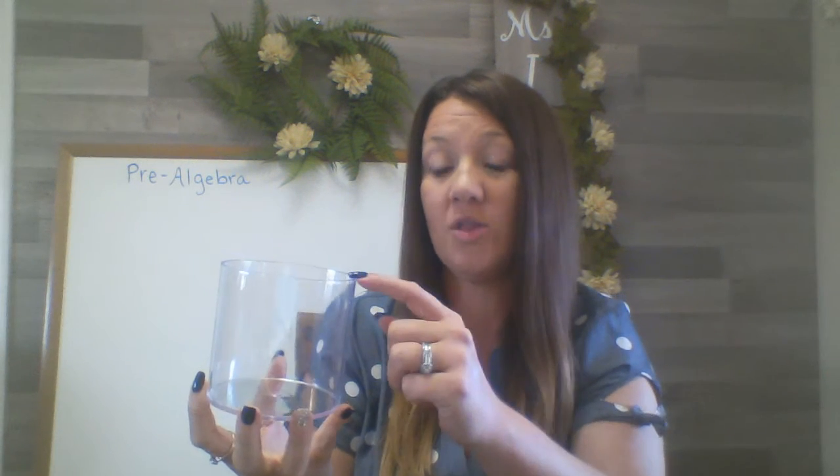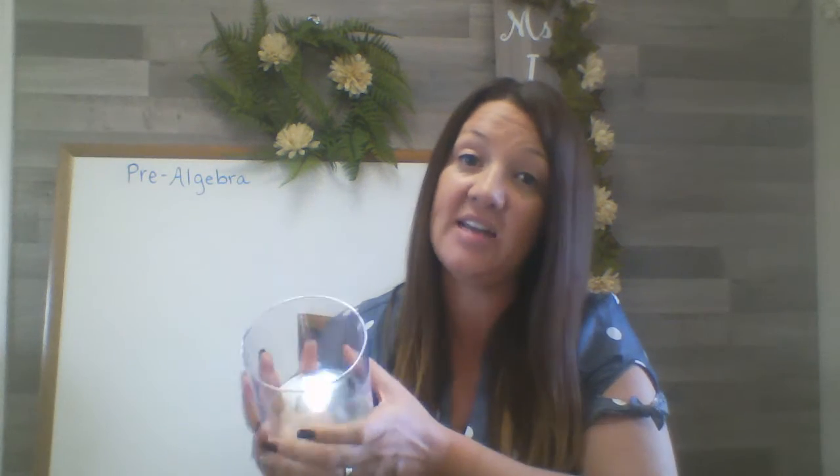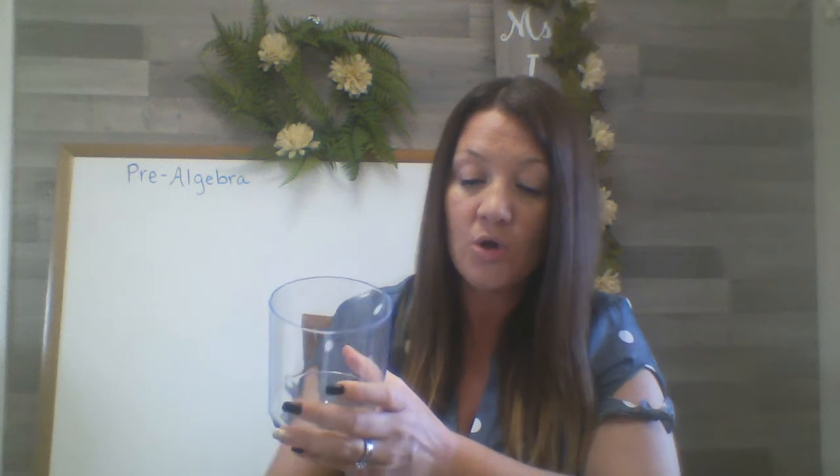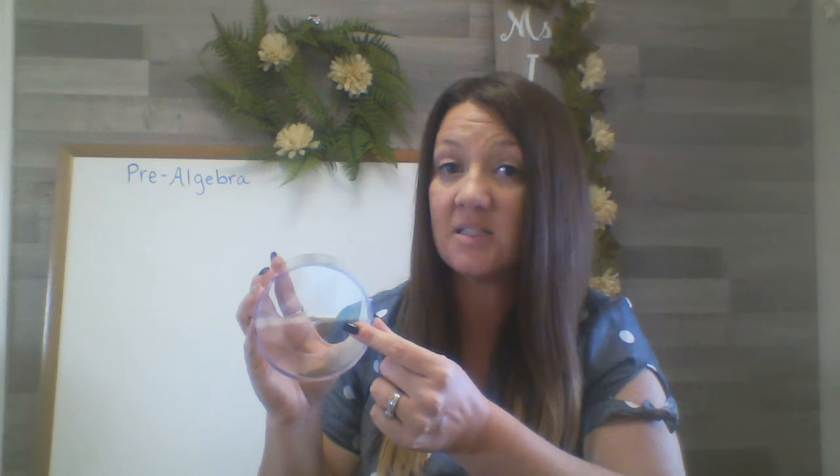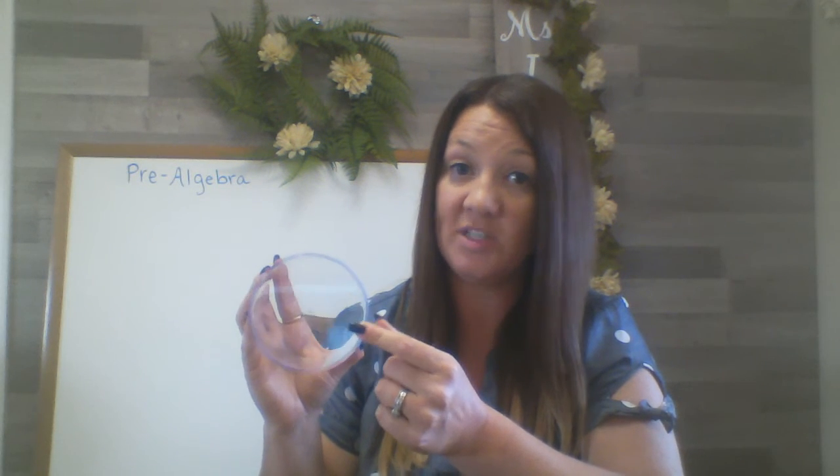So now that takes us to volume. If you look at something like this cylinder here, if we were to fill this cylinder with water all the way up, now we're talking about the space within, and that is what volume is. So we see here that the base of this cylinder is what shape?